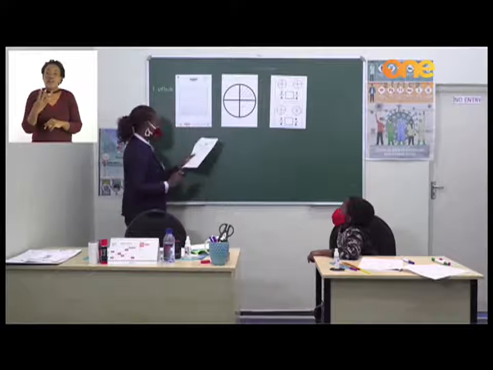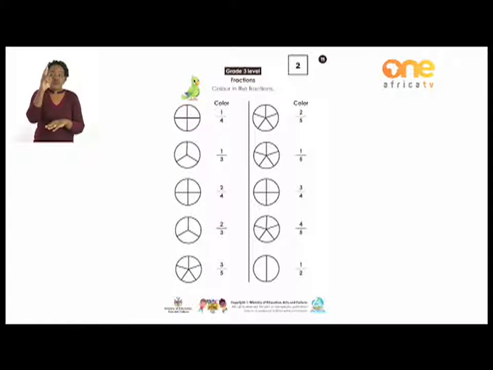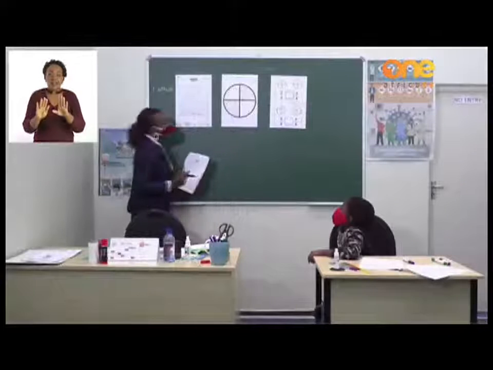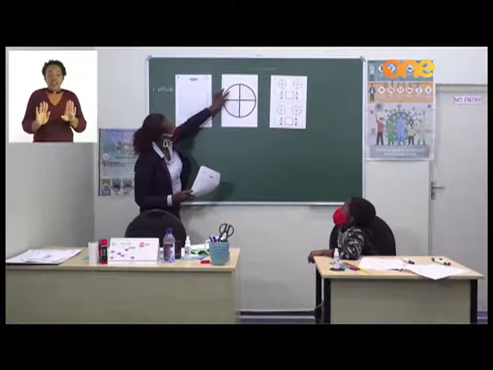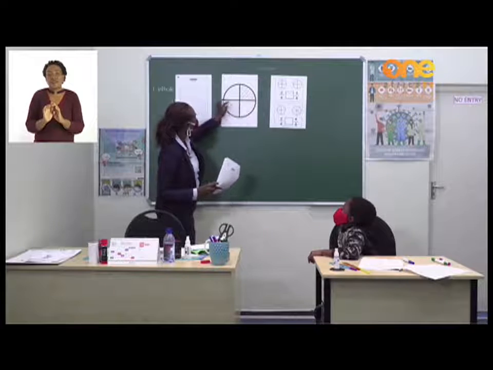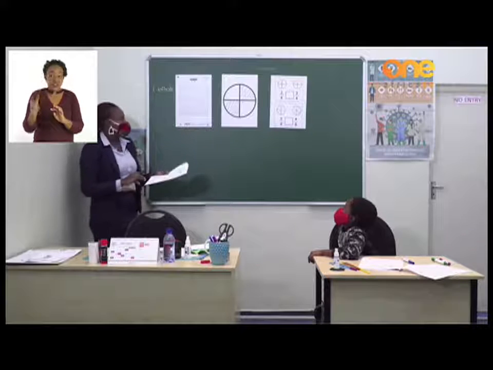Let me do another example again. 2 over 4. It means we can also color here. Which means 2 pieces of pizza out of 1, 2, 3, 4 pieces. Okay. That's all.